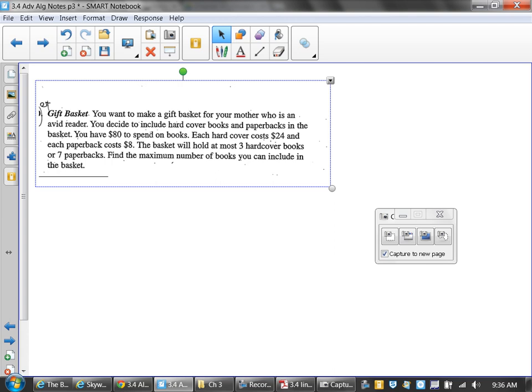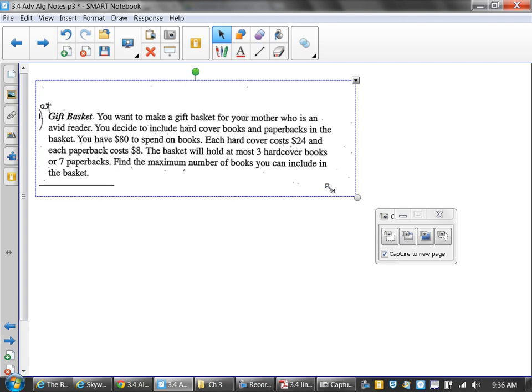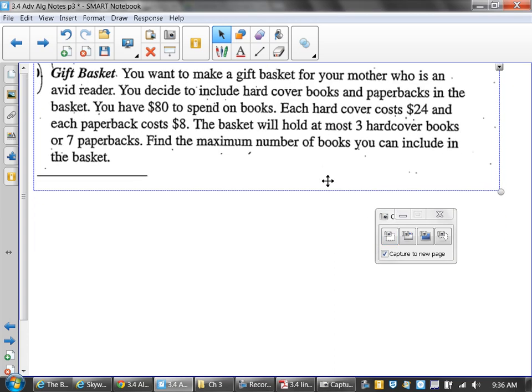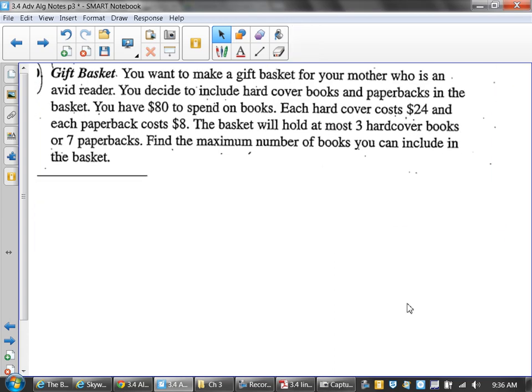To start with the gift basket problem, what we want to do is read it. I do all these too, so I can make sure I reread them. You're making a gift basket for your mom. How sweet. In the problem, it tells you that you are going to give her hardcover and paperback books.